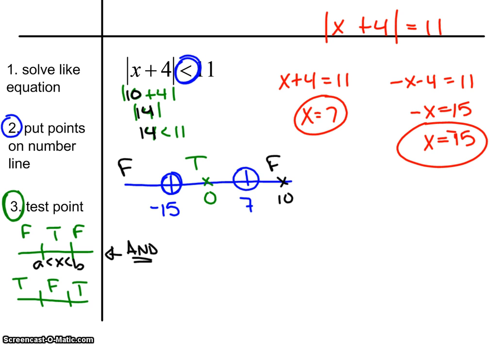When we're on the outsides only, that's our OR situation. My x could be less than this first value, or my x could be greater than the second value. Ors, again, we have to satisfy one condition. Ands, we have to satisfy both conditions.